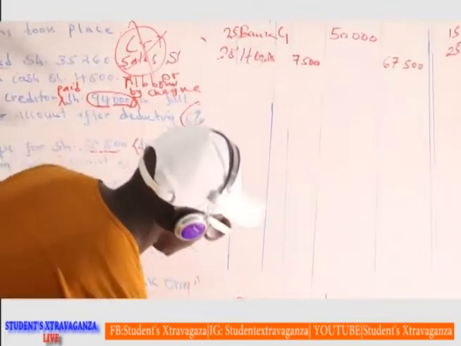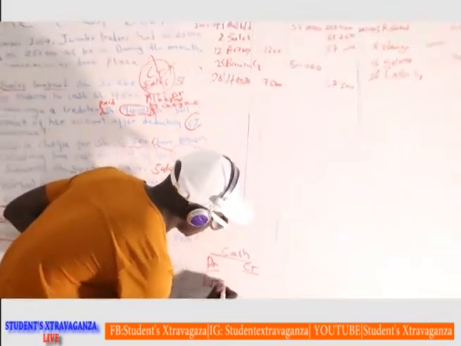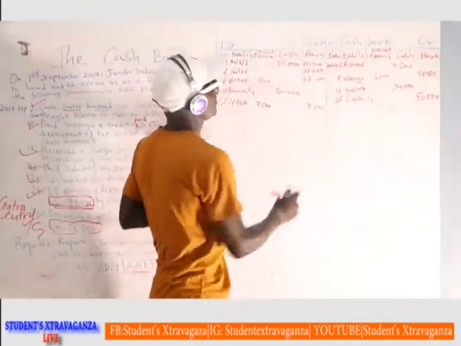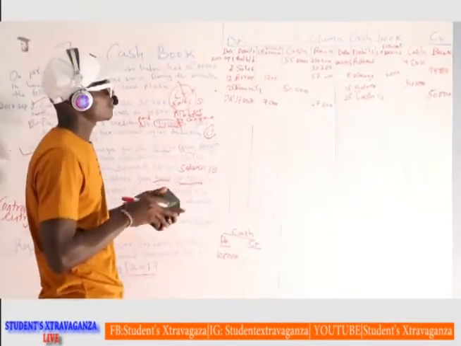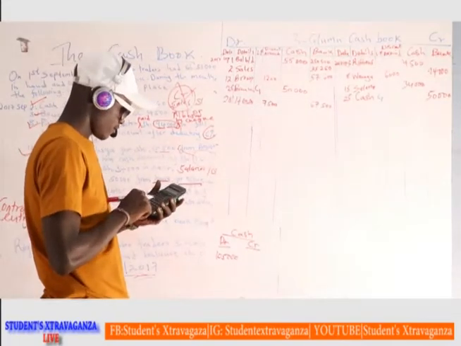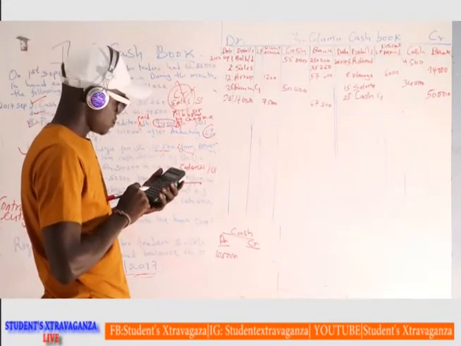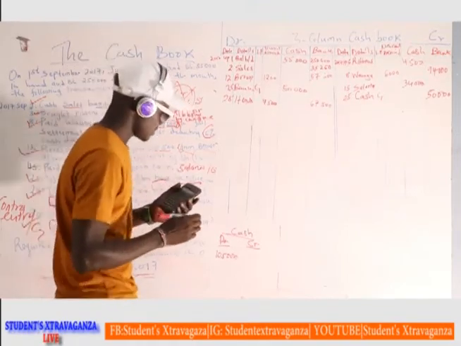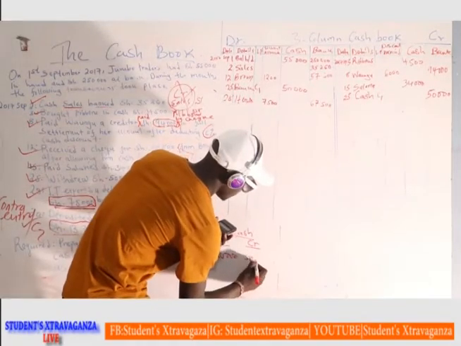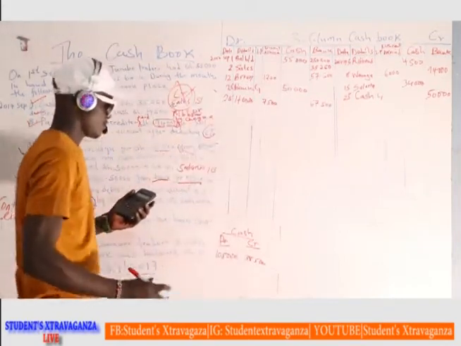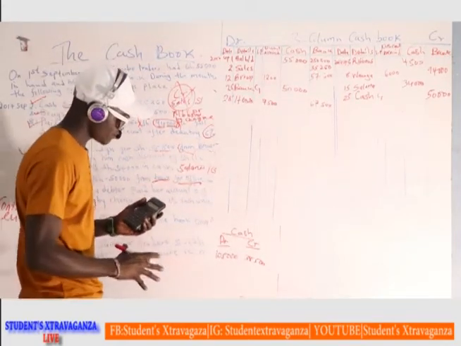So we have 105,000 in the CR. Then on the DR we have 4,500 plus 34,000. That one is 38,500. Watch this very keenly, whatever we are going to do here.